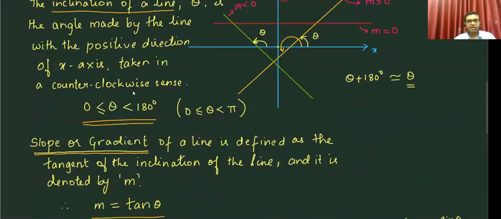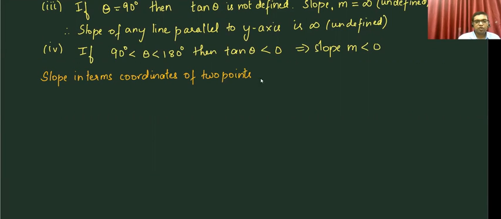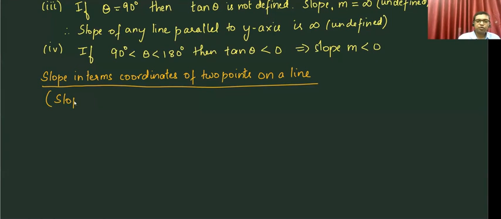We talked about inclination, we talked about slope, and now slope in terms of coordinates of 2 points on a line. In other words, this is also said as slope of a line.